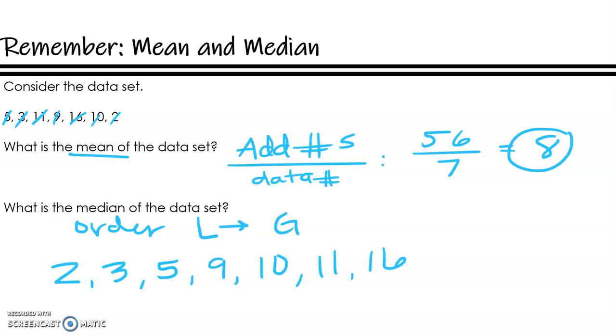And now I'm going to mark off the lowest, the highest, the lowest, the highest, the lowest, the highest, and my median is 9 because it's the number in the middle.